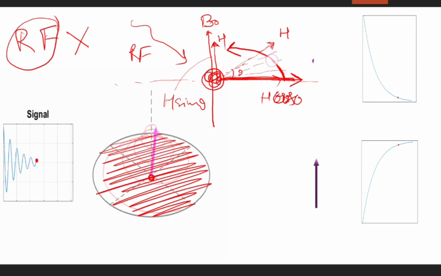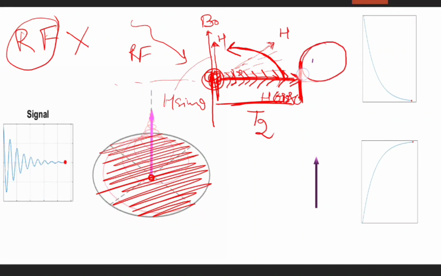Again when this movement happens, this vector will reduce. So from here to here the time taken is called T2. Here you can see this animation, the vector is reducing.